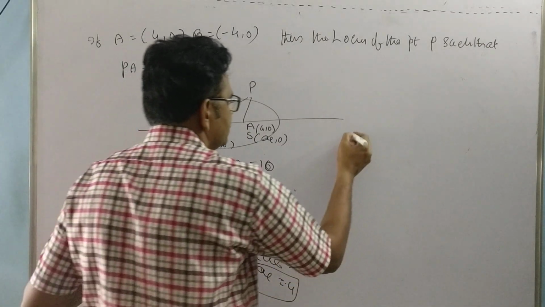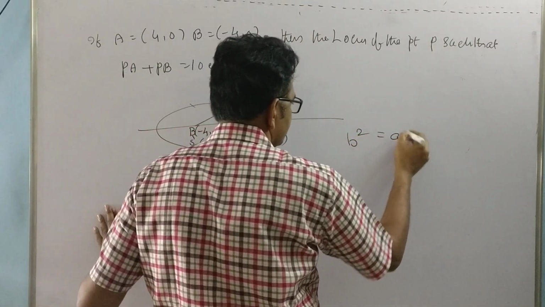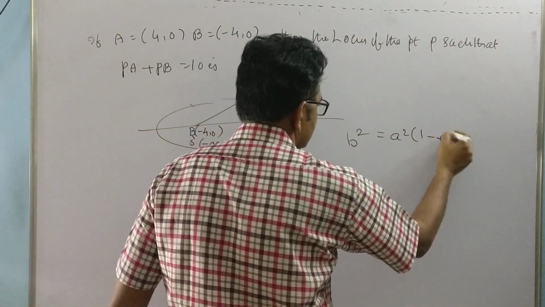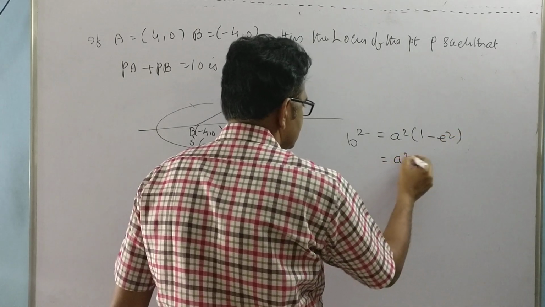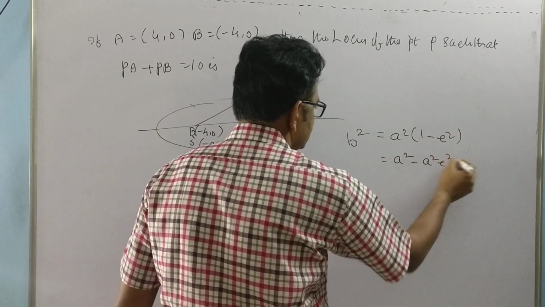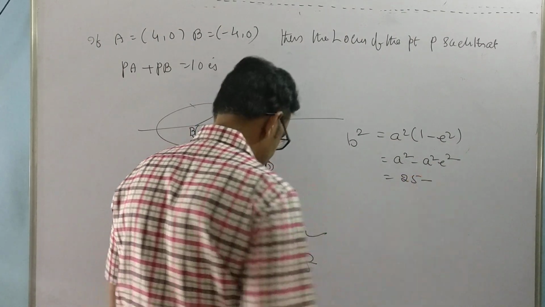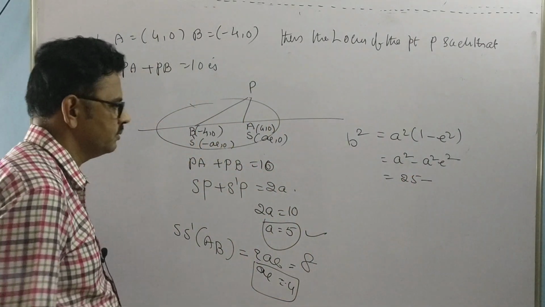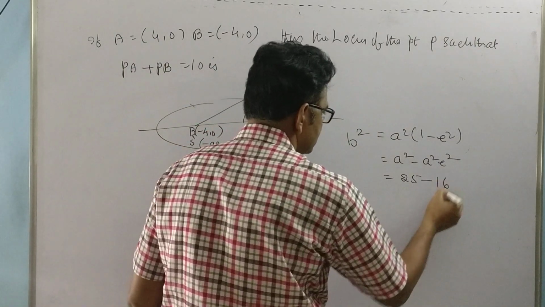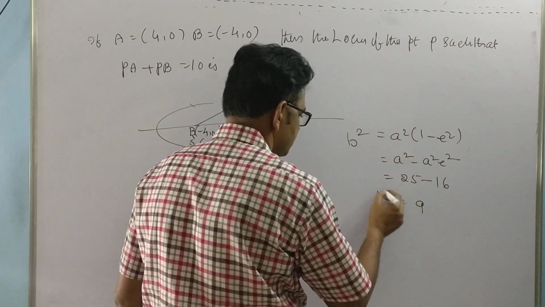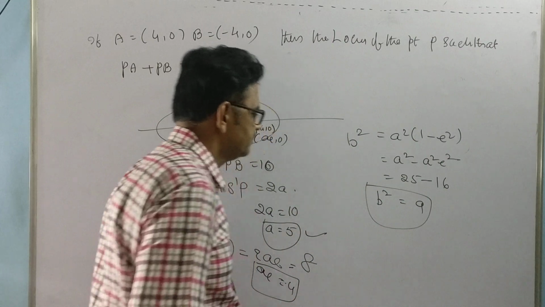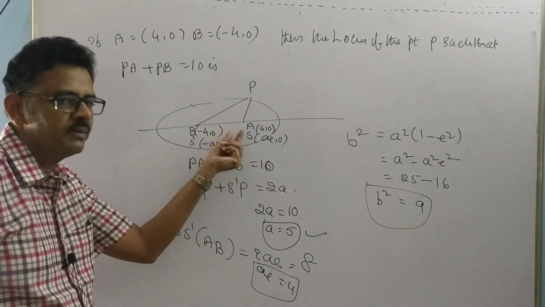And what is B square equal to? A square into 1 minus E square, that is A square minus A square E square. A square is 25 minus AE, that is 4, whole square is 16. So B square is 9. Now this is an ellipse.